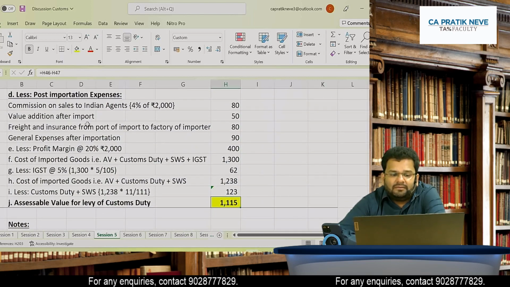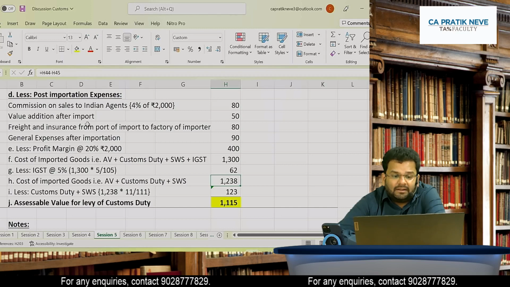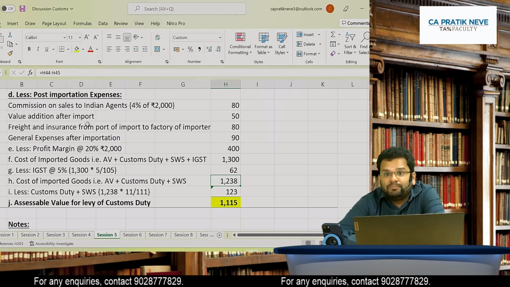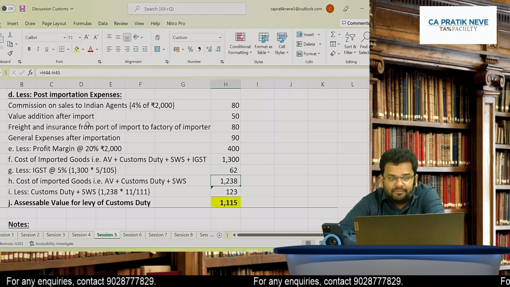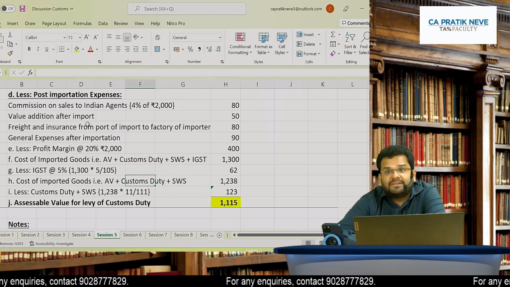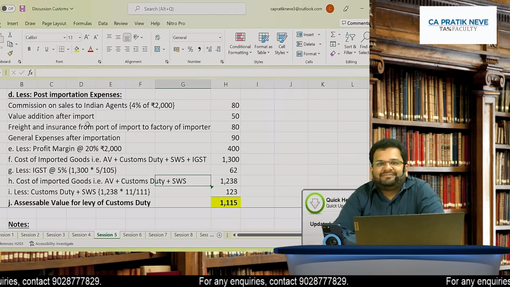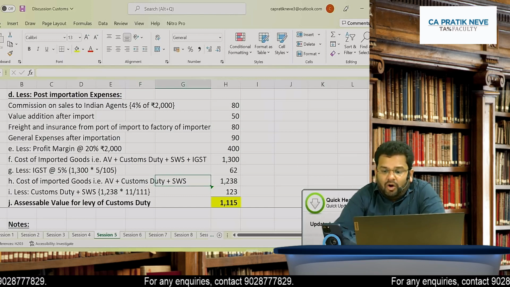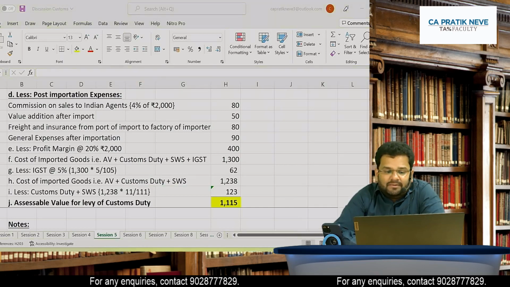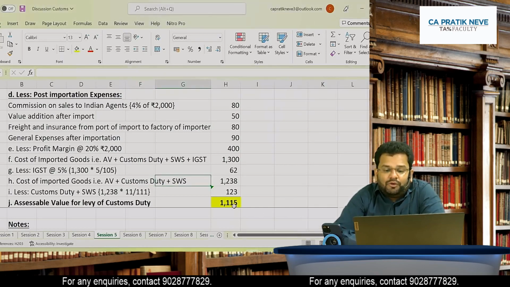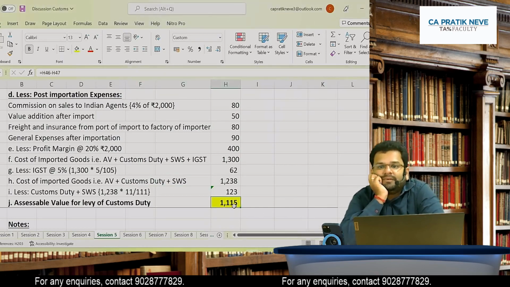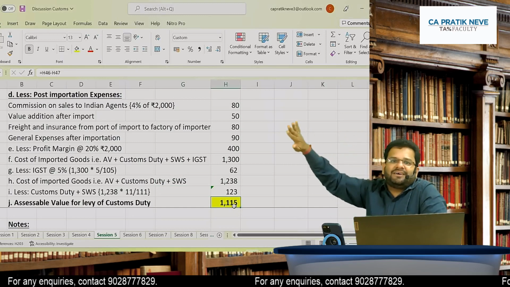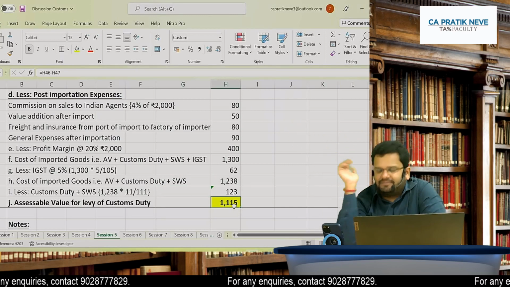You will get the cost of imported goods plus customs duty plus SWS. Got it? Then you will exclude all the taxes. Taxes means customs duties, and you will get the assessable value for levy of customs. Nothing else, you have to go reverse.